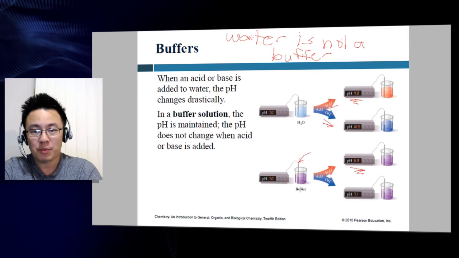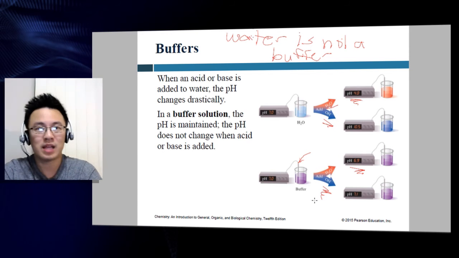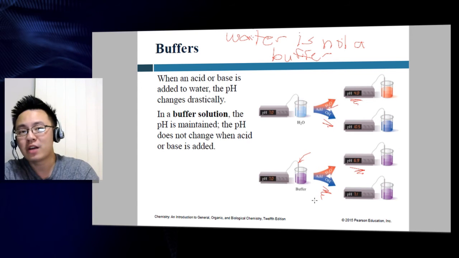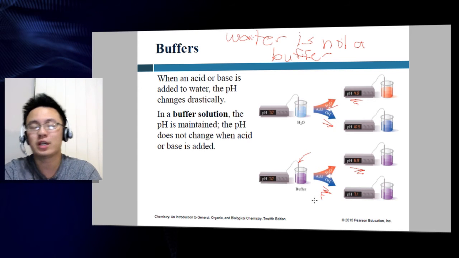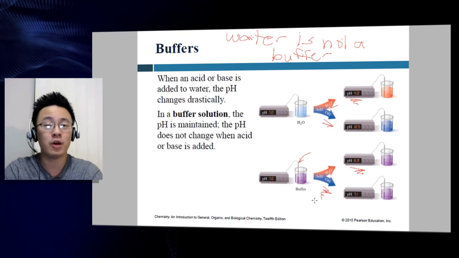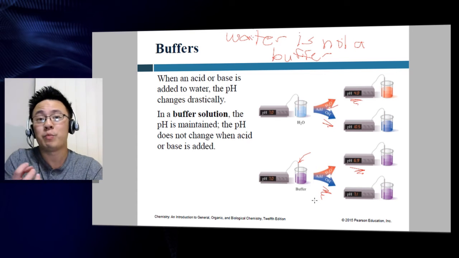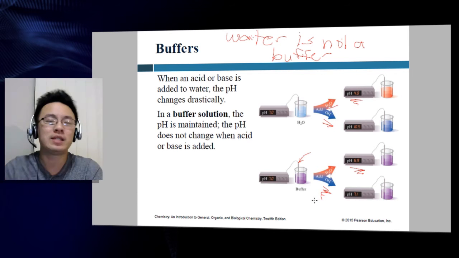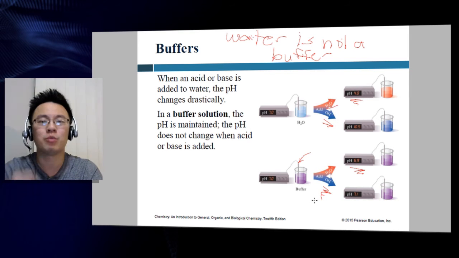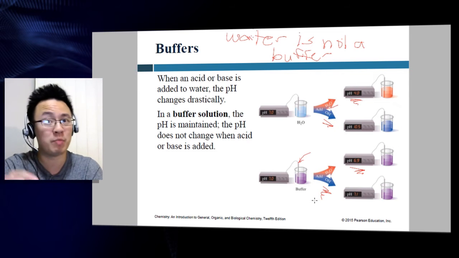But in a buffer solution, if we were to add a hydroxide ion, same thing. The hydroxide ion is going to steal away hydrogen ions from solution. However, the buffer is going to say, oh no, that's not the way it's supposed to be. So the buffer molecule, which may have some hydrogen ions attached to it, is going to release those hydrogen ions into solution in order to bring it back to where it's supposed to be, at least to the best that it can.